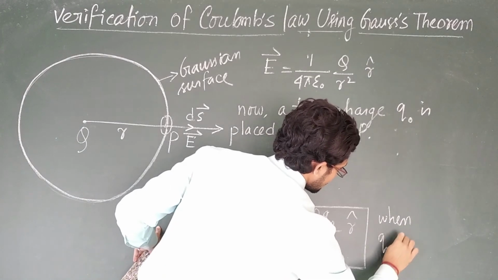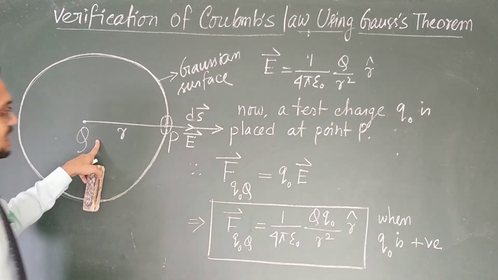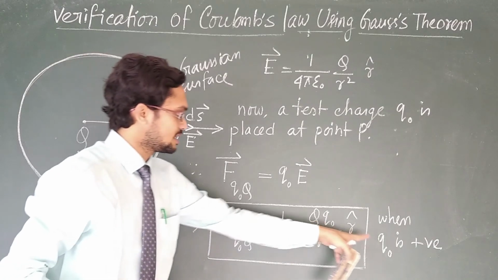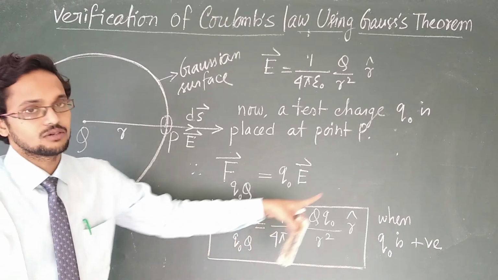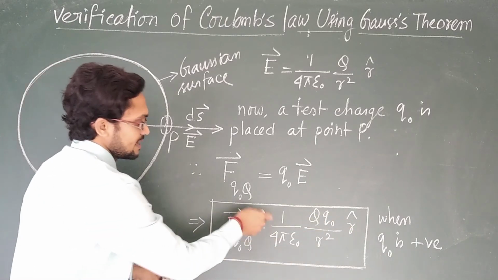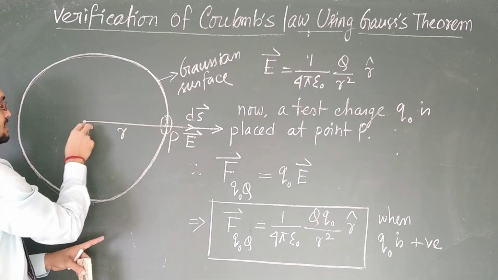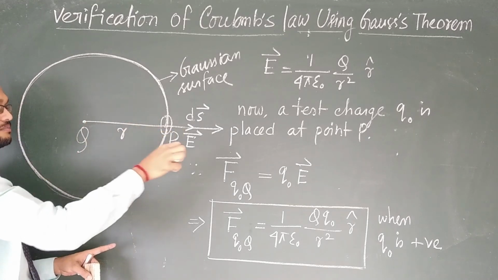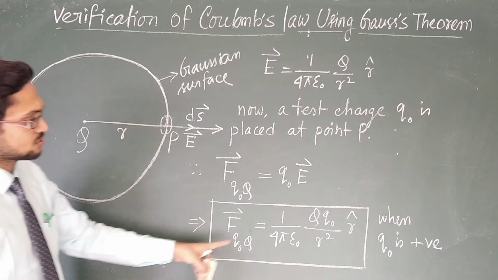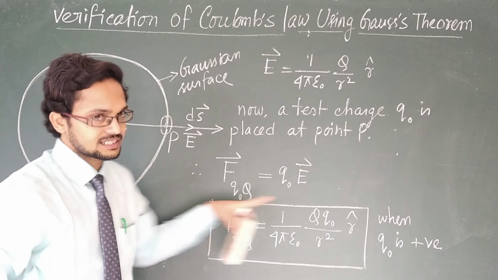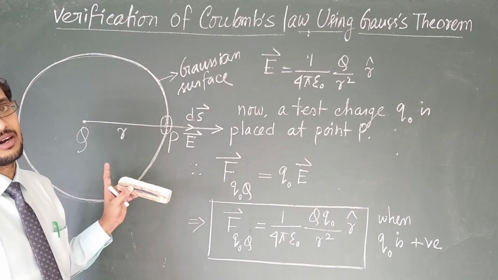If Q0 is positive, this is the right expression. If Q0 is negative, there will be a negative sign because this charge will attract Q0 towards itself, that means towards minus r cap. So the force on a plus charge is in the direction of r cap, and the force on a minus charge is in the opposite direction of r cap.